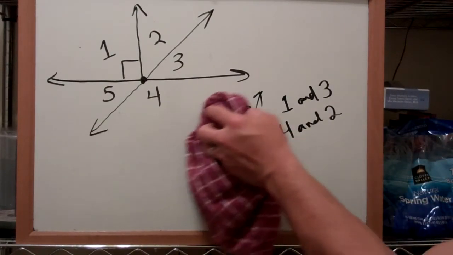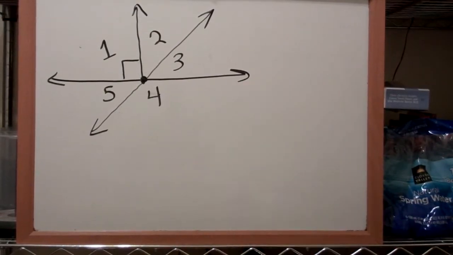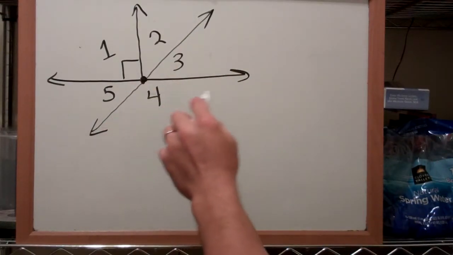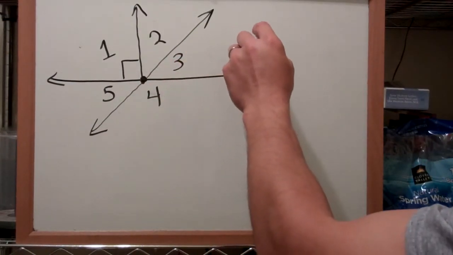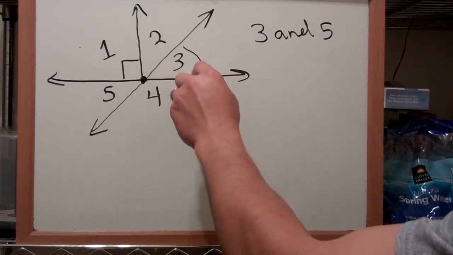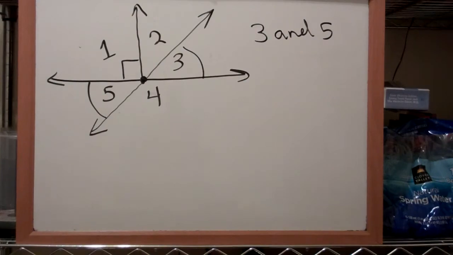Within the diagram to the left, we have an X shape formed here. Our pairs of vertical angles are going to be 3 and 5, which are congruent.